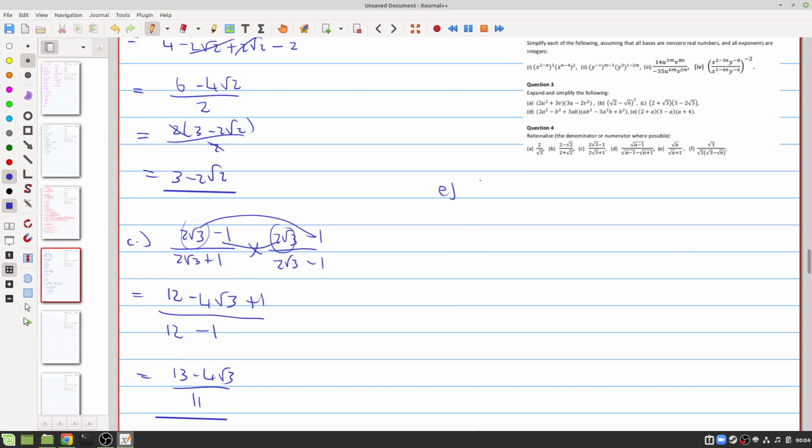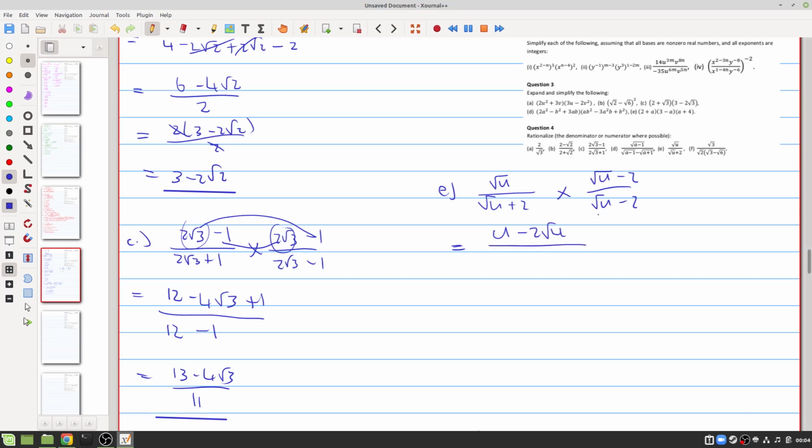So question E, square root of u over square root of u plus 2. Again, you guessed it, multiply by the conjugate: square root of u minus 2 over square root of u minus 2. Square root of u times square root of u is just u. And then square root of u times negative 2 is minus 2 square root of u.